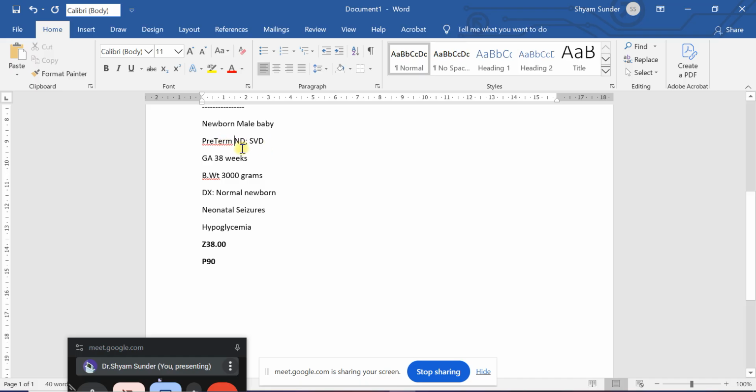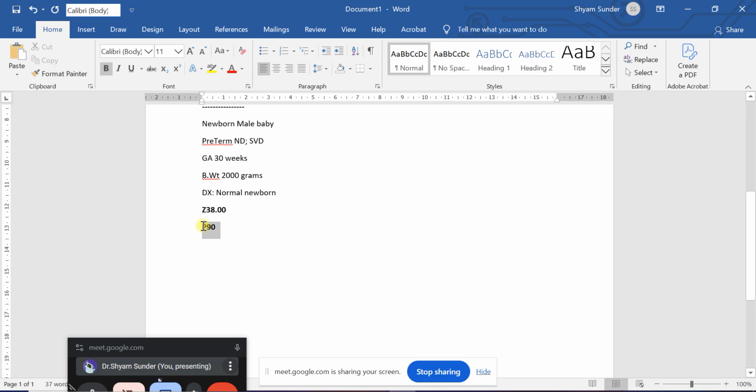Preterm normal delivery, but gestational age is, let us say, 30 weeks, and the weight is 2000 grams. The baby will definitely be in the incubator in an ICU. The first code is always Z38.00 because it is a normal vaginal delivery, born in the hospital.